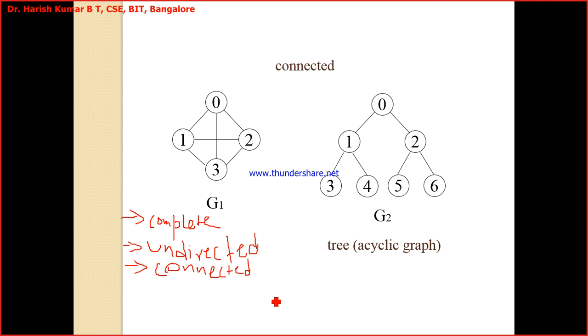Between every pair of distinct vertices there has to be a path. Yes or no? Yes, sir. Every pair of distinct vertices has a path, so you can say this is connected. It is complete, undirected, connected, and one more, you can say it is also cyclic.